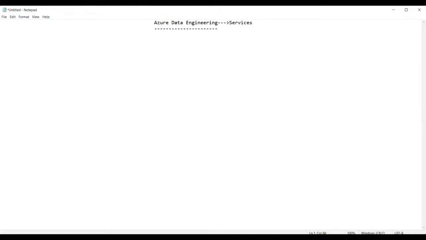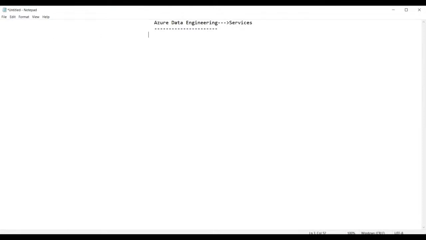Azure Data Engineering is packed in the form of what? Services. The following are the various services provided for various operations in the Azure Data Engineering.